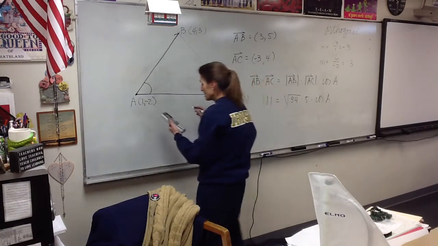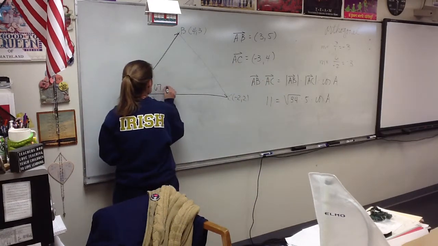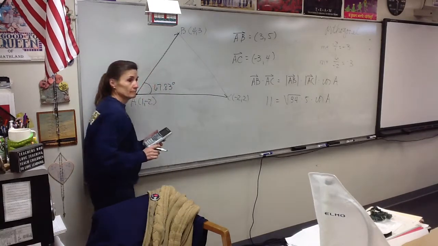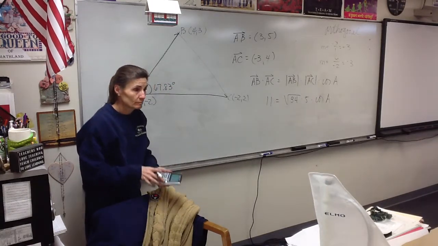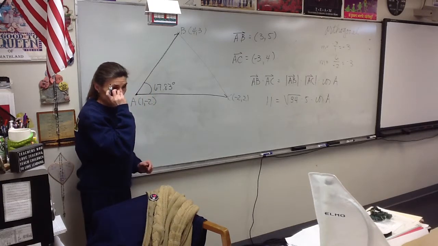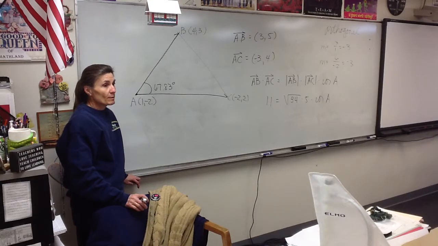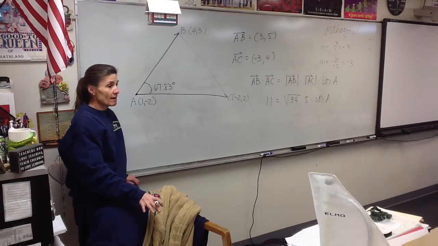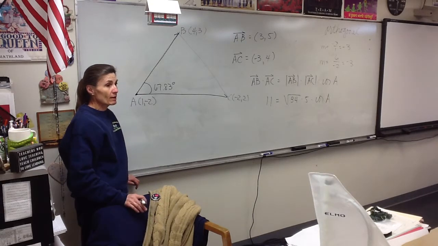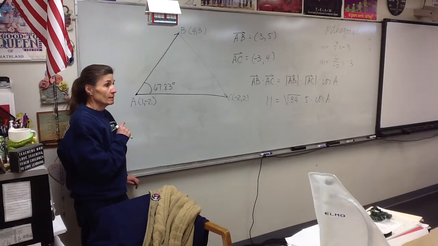I got 67.83, did you? You okay with that? I want you to hang on to that for a minute. Leave that number on your calculator. Did anybody match me? Okay.